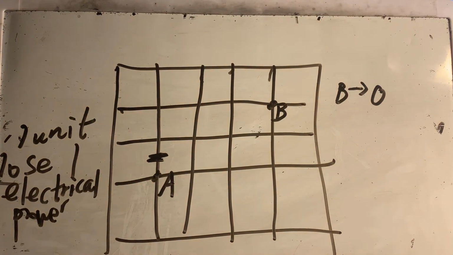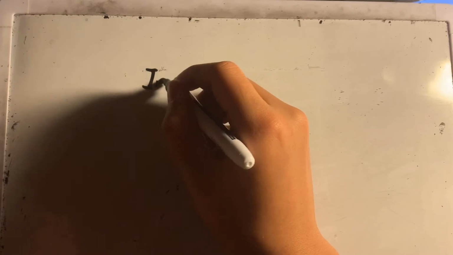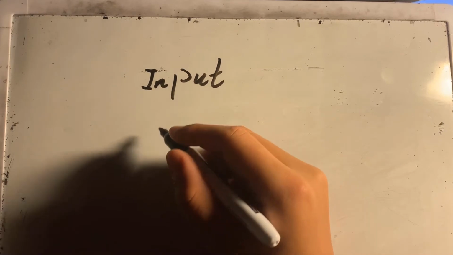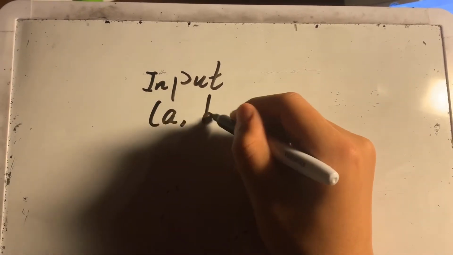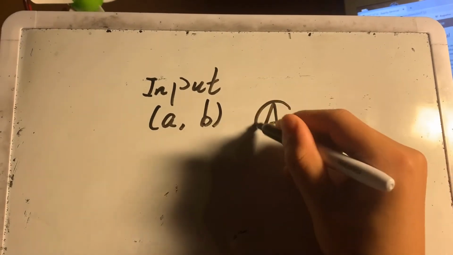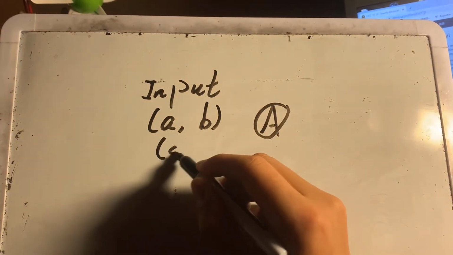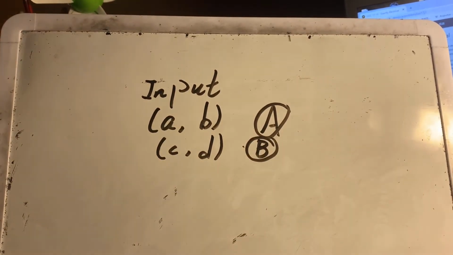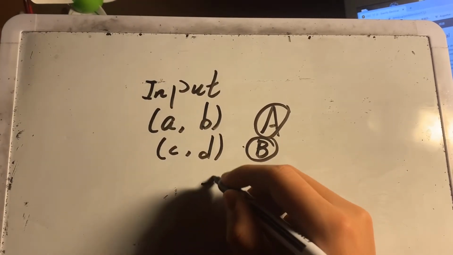So, talking about the most important thing, the input specification and output specification. Input: it consists of four numbers. The first 2 are A, B, which represent the starting point, which is A. The second 2 are C, D, which represent the ending point, which is B. And E means the energy you have.